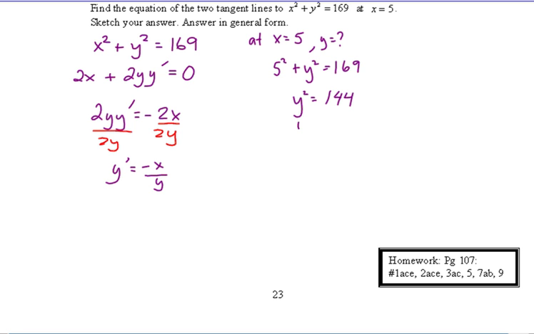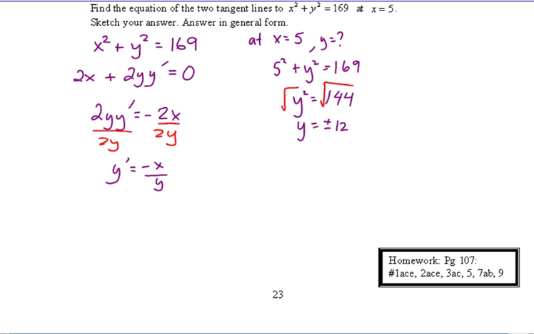So y is equal to plus or minus 12. So we have two different points, right? When we square root both sides, you need to subtract 25 over first. You didn't square your numbers, I don't think. 5 squared. Yeah, I did. Why can't you square root both sides? Because of the addition, right? We have to subtract the 5 squared before you can square root.